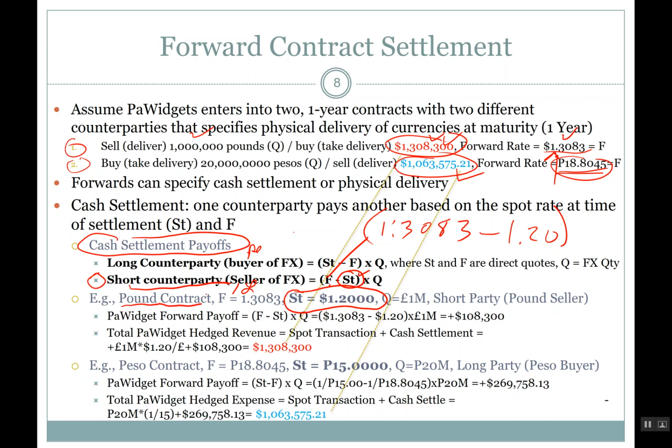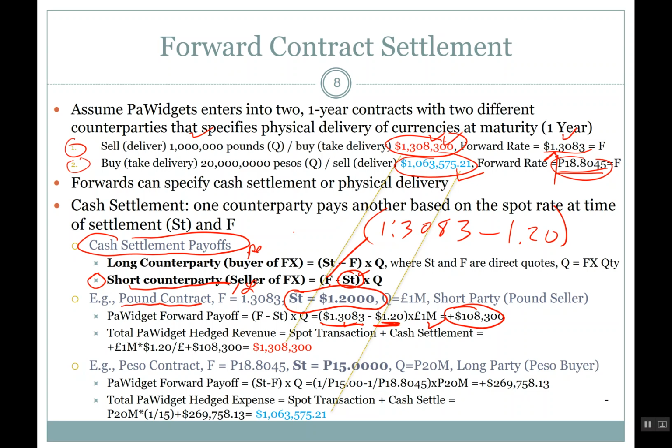This contract is cash settled, the payment is the forward price, which is set, and the quantity, which is set. So you just wait around and see what the spot turns out to be. It turns out to be $1.20. They get sent a check for $108,000 from the counterparty, the bank, the Goldman Sachs, the BAML, whoever. Which is what they lost.